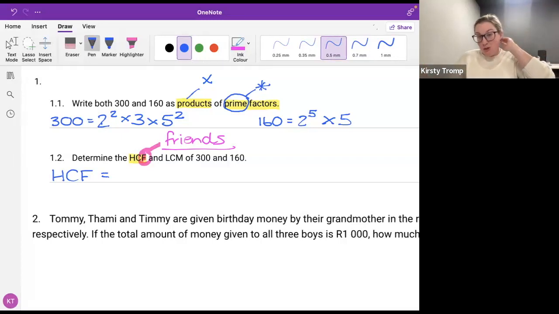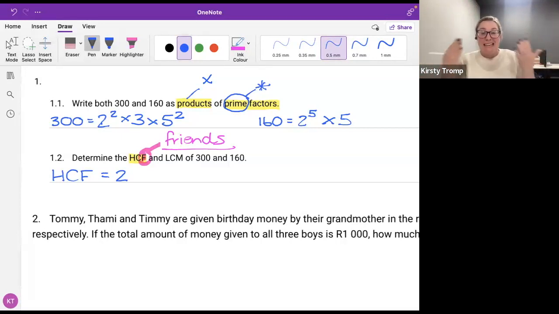All right, so if we're looking at the number 300 and 160, if we're looking at the 2's, I've got 2 to the 2 and I've got 2 to the 5. So I can see that I've got 2's in both numbers. So those can stay the same, 2 and 2's. But then I've got 2 to the 2 and I've got 2 to the 5. So can they be friends?